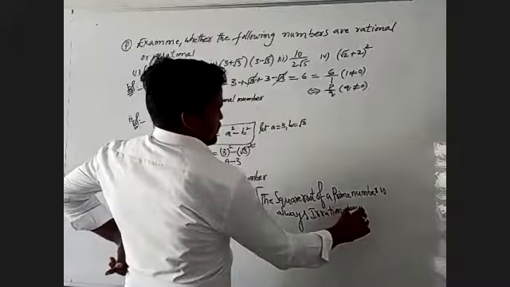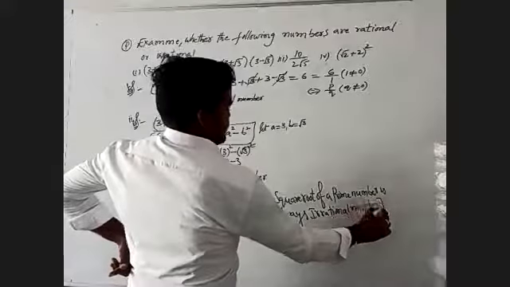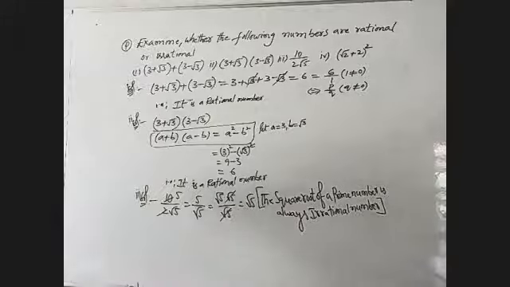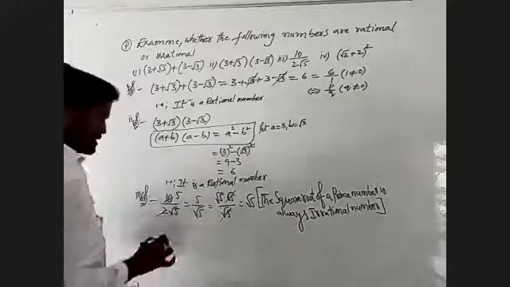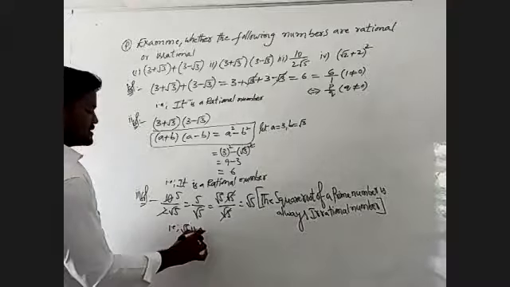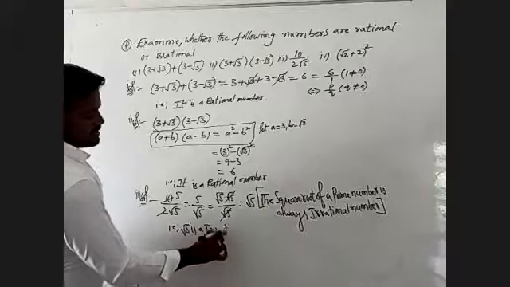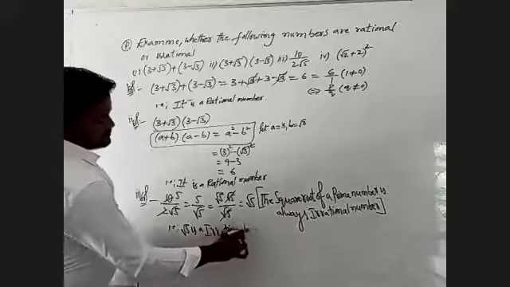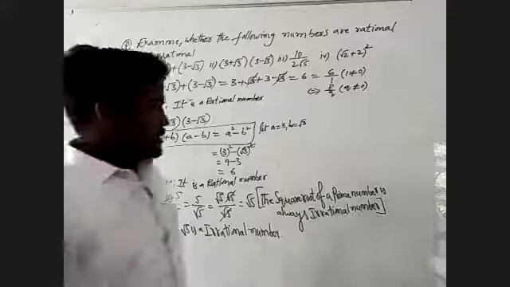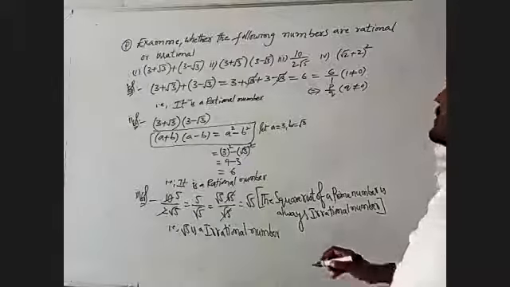I already told this information in yesterday's class. That means root 5 is an irrational number. Now I am going to the fourth one.